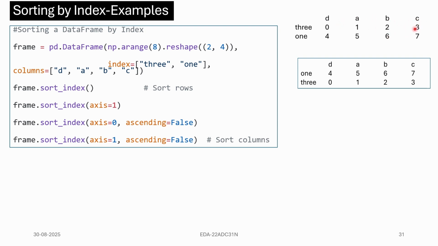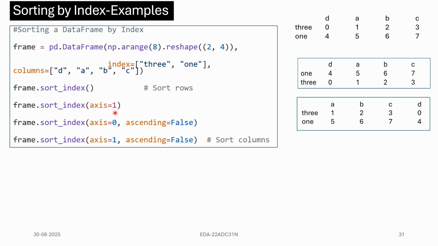So the column labels will be arranged in ascending order if you use axis equal to 1. Now let us look at the output. Whenever you say axis equal to 1, the column labels are arranged in ascending order, so A, B, C, D. And correspondingly, the elements also will be reorganized.